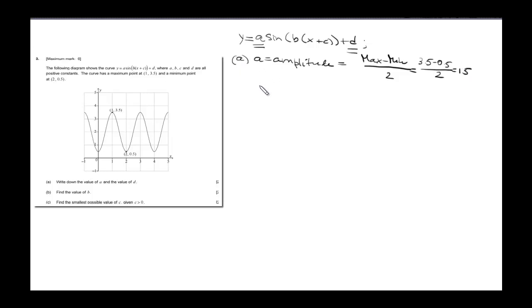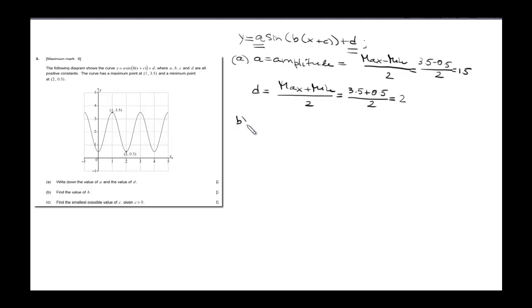And d is the horizontal symmetry axis, midway between maximum and minimum. So it is maximum plus minimum value over 2, that is 3.5 plus 0.5 over 2, that is 2.